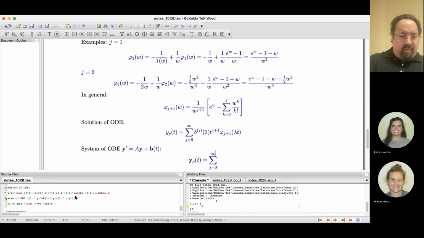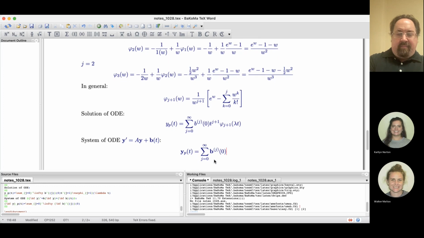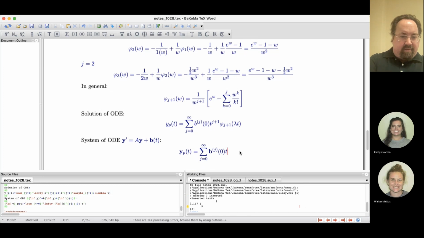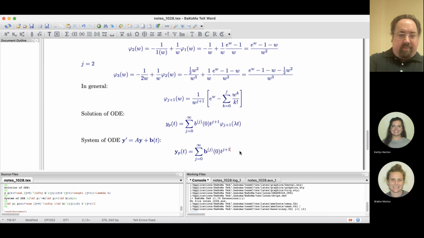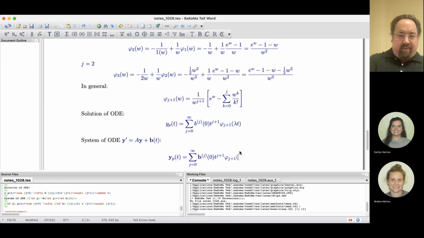All right, so here we're taking a derivative with respect to time of each component of the function b of t evaluated at 0, and then the same factor here. And now we have a phi function of a matrix, so a matrix A times t.